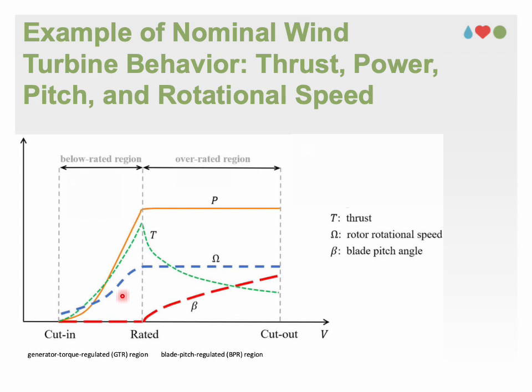Here I present an example of steady-state wind turbine performance in region 2 in this figure. Between cut-in and rated wind speed, the tip speed ratio reaches its optimal value and the controller regulates torque to maximize power production.